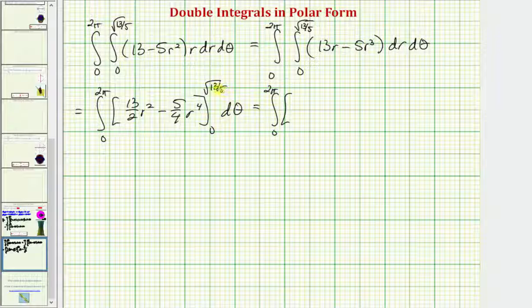So when r is equal to the square root of 13/5, we'd have 13 halves times, well, the square root of 13/5 squared would just be 13/5, minus 5/4 times the square root of 13/5 to the fourth would be 13/5 squared. Then, of course, when r is 0, these will both be 0.